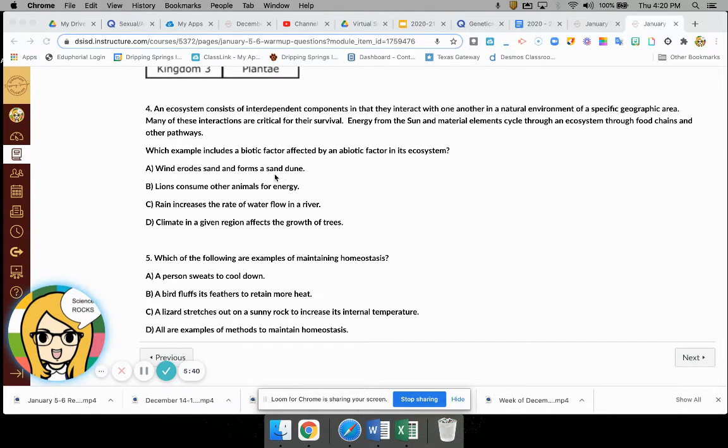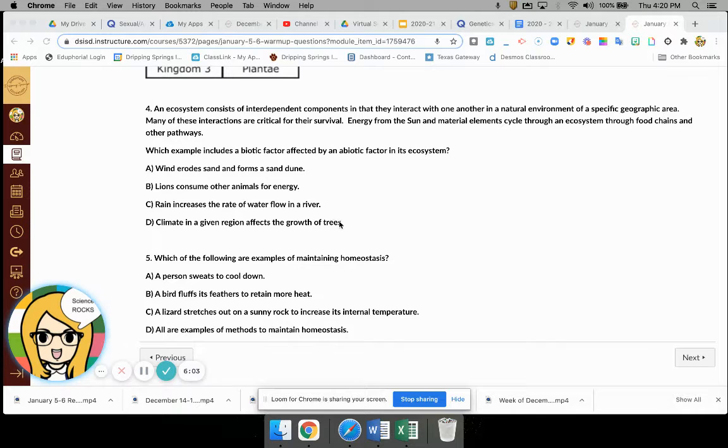Both of those things are abiotic. A lion consuming other animals for energy. Both of those things are biotic. Rain increasing the rate of water flow in a river. Both of those things are abiotic. Or D, climate in a given region affects the growth of trees.